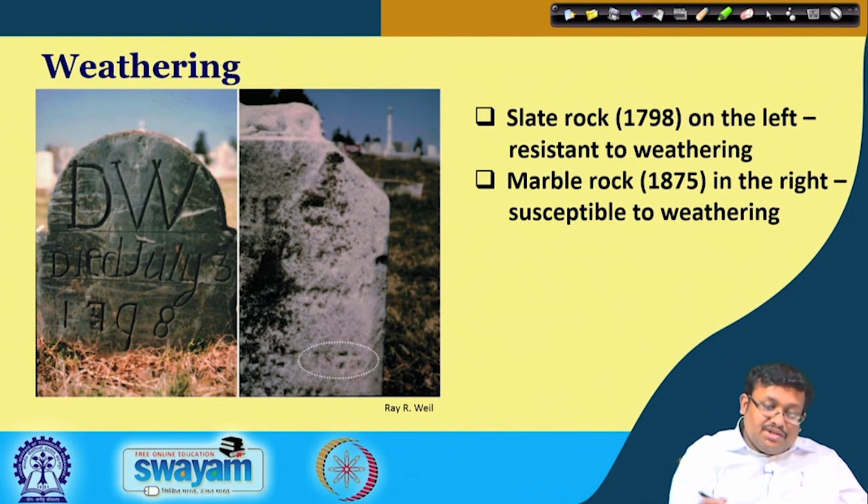In this picture, the leftmost rock is a slate rock from 1798, and it is resistant to weathering compared to the other rock, a marble rock from 1875, which is susceptible to weathering. These two rocks are about 100 years apart, but depending on their chemical makeup, they differ in their susceptibility to weathering.